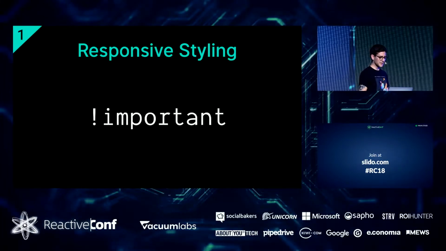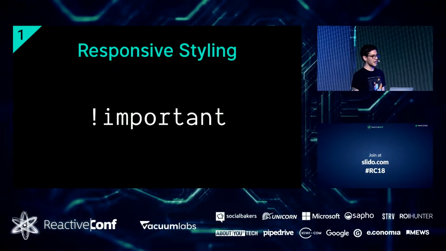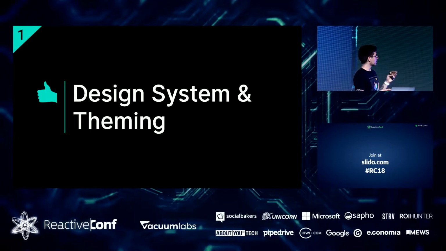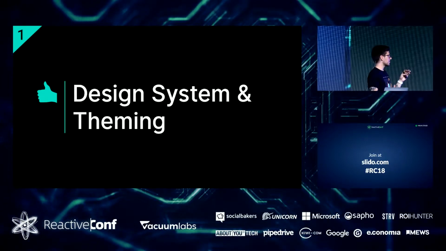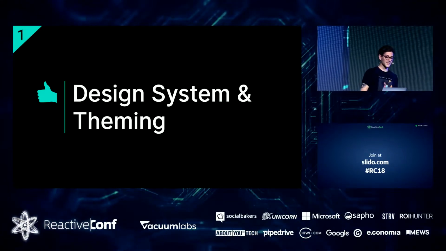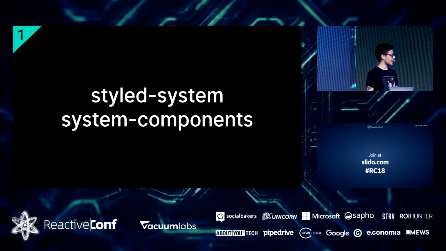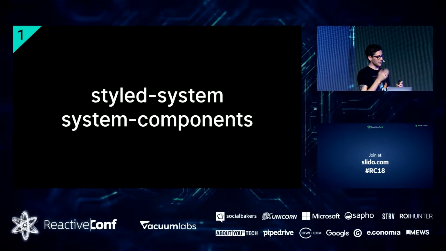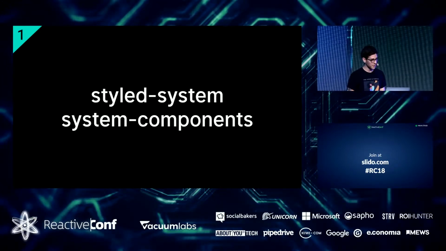So what if, instead of hard coding all those properties, we would leverage the power of a design system in combination with theming? And we've already seen in Mark's talk that we can do pretty cool stuff with design systems. So I found this library called Style System, and I want to show you a quick example of using this library together with another library which is called System Components.